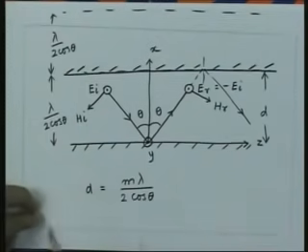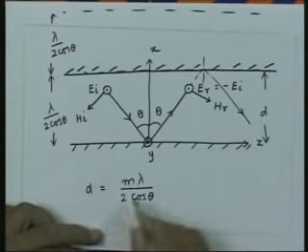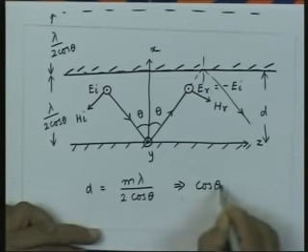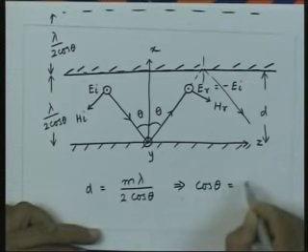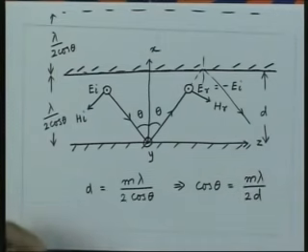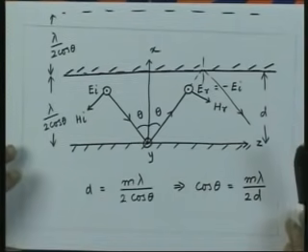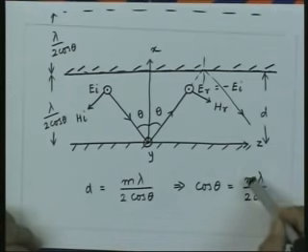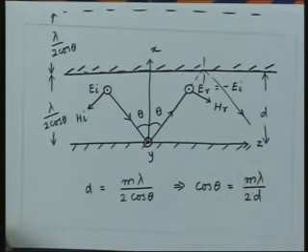Or if I invert this expression, I will essentially get cos of theta equal to m lambda by 2d. Now, this is very interesting because m is a discrete number, it is 1, 2, 3, 4, so it is integers. So, this quantity is discrete.